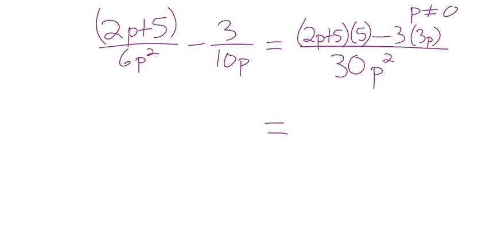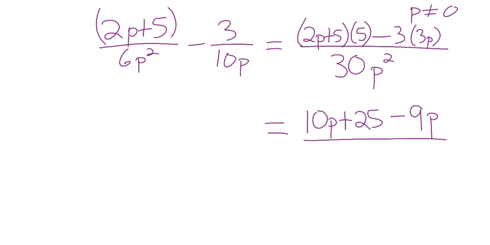Now, the 5 has to multiply 2p plus 5, which will give me 10p plus 25, minus 9p, all over 30p squared.